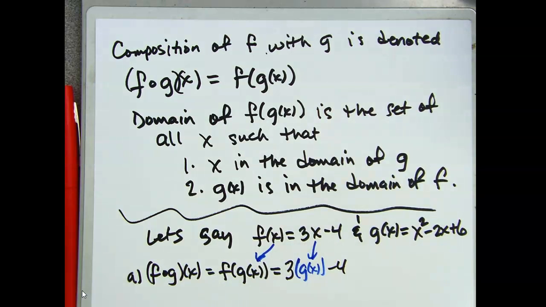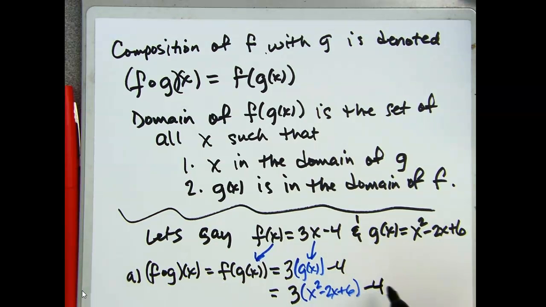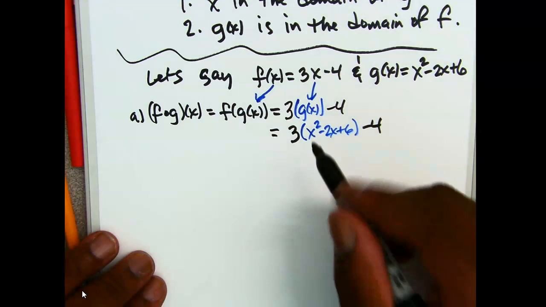So that's equal to 3, well, but g of x is x squared minus 2x plus 6. So it's 3 times x squared minus 2x plus 6, and then minus 4. So now we're going to distribute our 3.